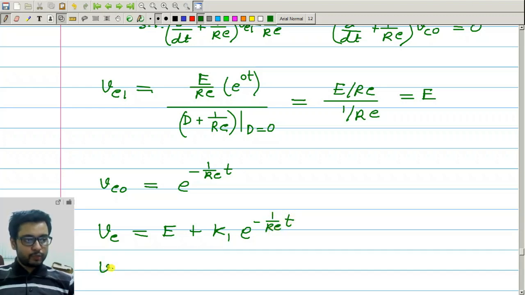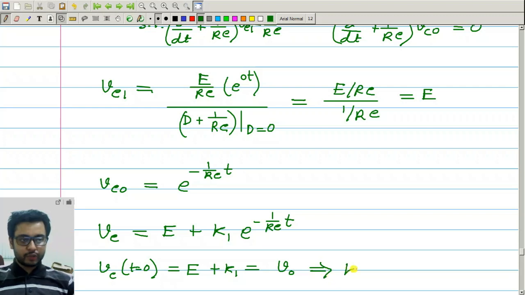Now let me put time t equal to 0. Then the right side is E plus K1 and the left side is given in the question as V0.